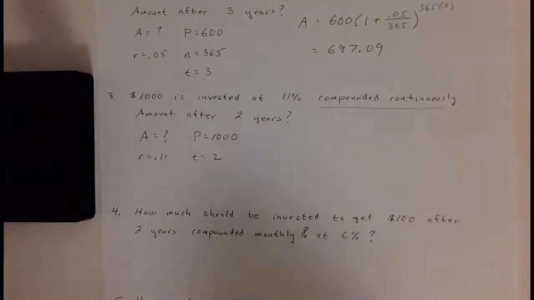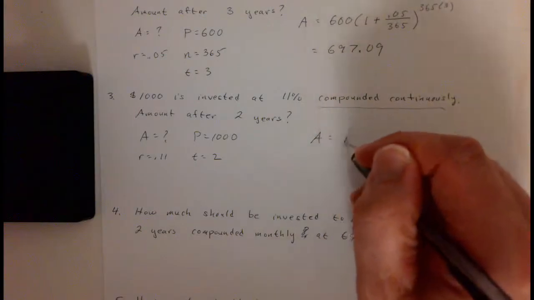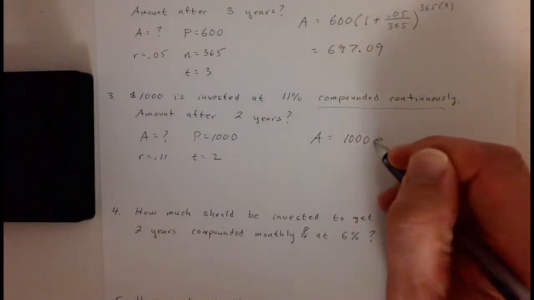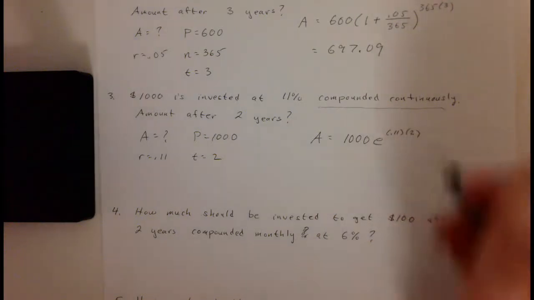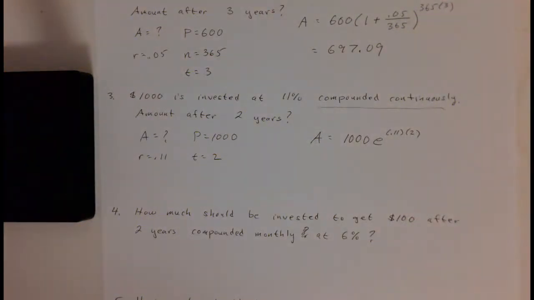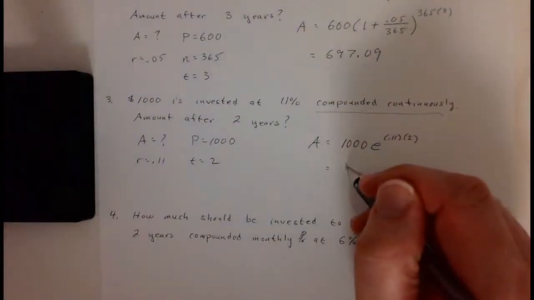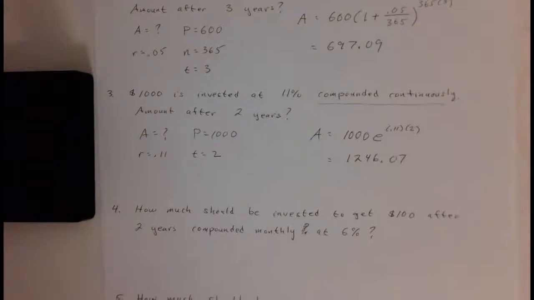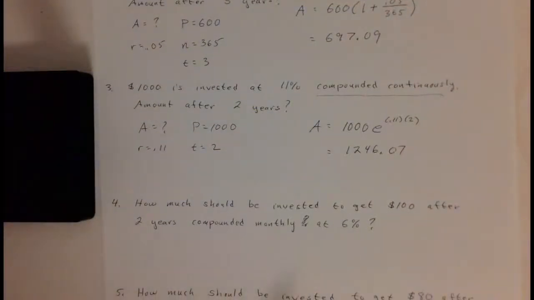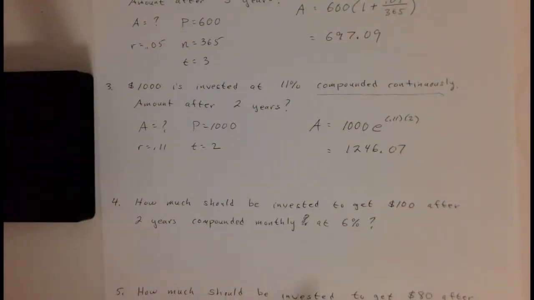So our amount would be 1,000 times E to the 0.11 times 2, which is 1,246.07. Obviously, you need a calculator for all these, and you will be able to use your calculator for these problems on a quiz.